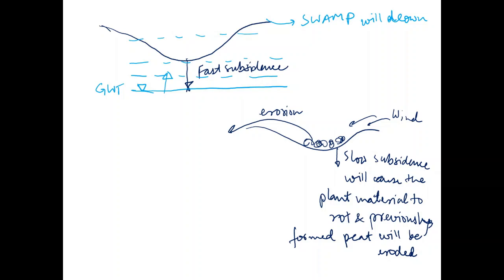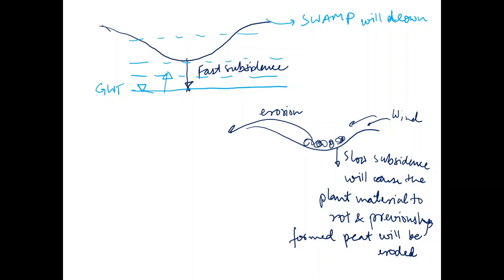Now, if the groundwater table remains sufficiently high over a long period, then even if the climate was not fit for tree growth, the peats will also form. Okay.